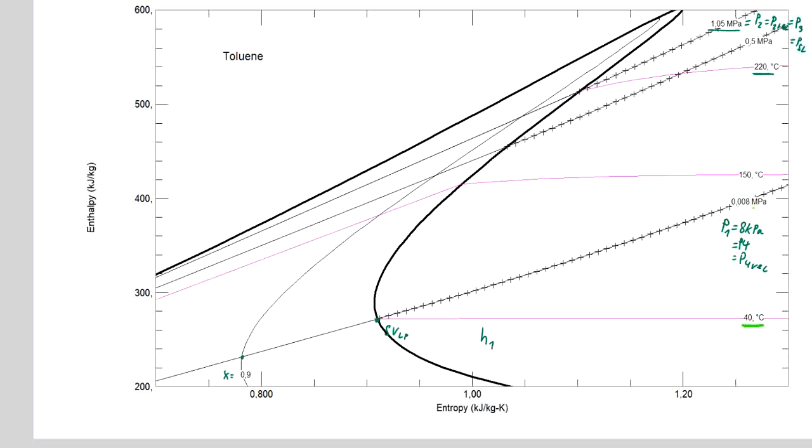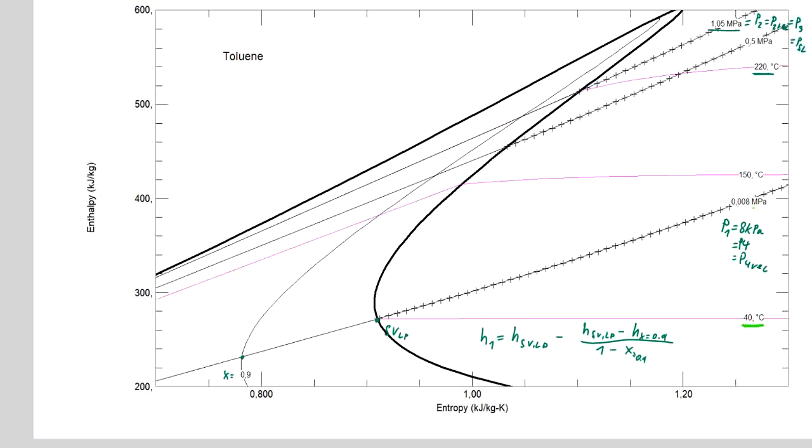So the enthalpy at point 1 will be the enthalpy of saturated vapor at the low pressure point over here, minus the enthalpy of evaporation, which is the enthalpy of saturated vapor at low pressure minus the enthalpy at some specified steam quality, here 90%, divided by the difference in the quality, which is 1 for saturated vapor minus x, where x is 0.9.